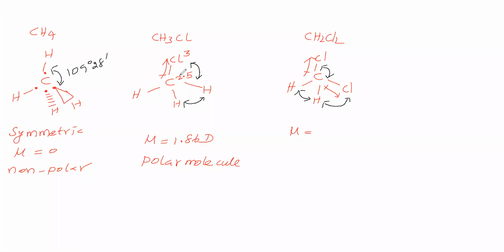For this we will take CH3Cl like this. Now we will assume everywhere the bond angle is 109 degrees 28 minutes. What is the hybridization of this carbon?